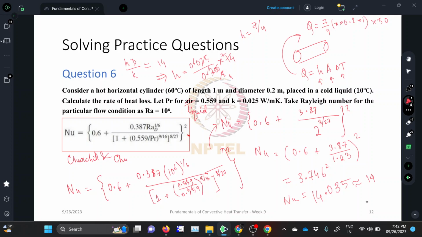So finally this becomes 7 into, okay, 0.2 into 5 is 10, right? So 2 into 5, 10. So 70 divided by 4 into pi, which is 54.9, so roughly 55 watts. So this is the correct answer.